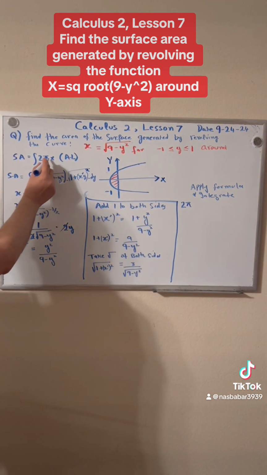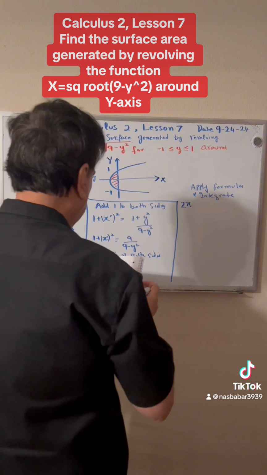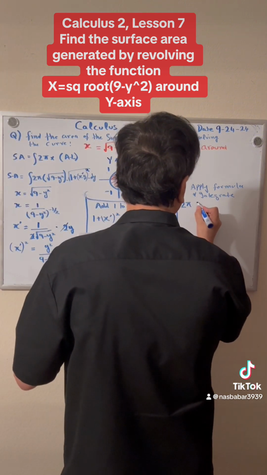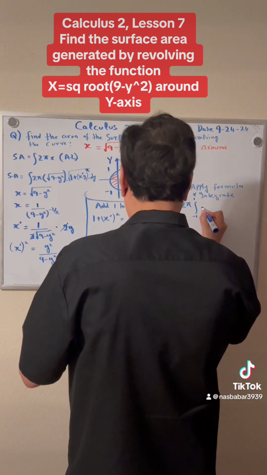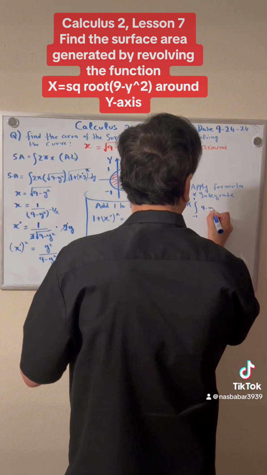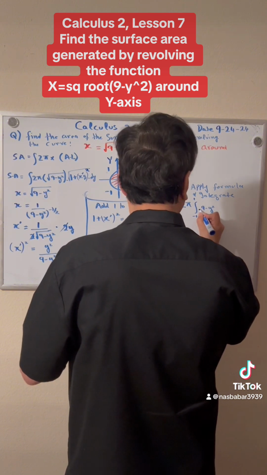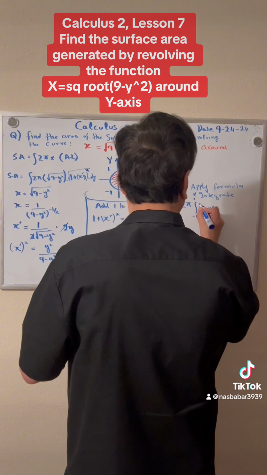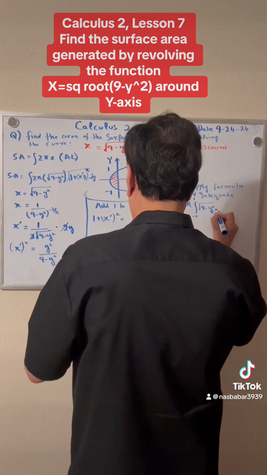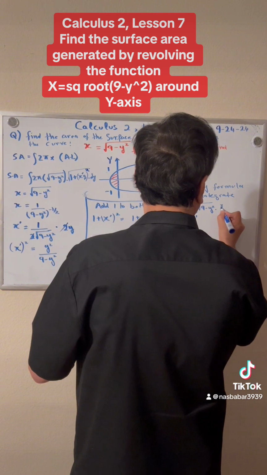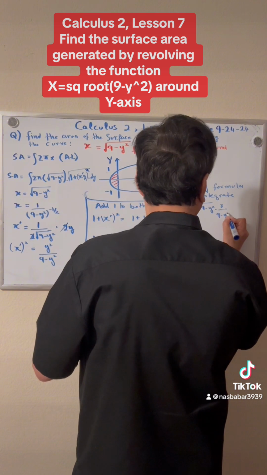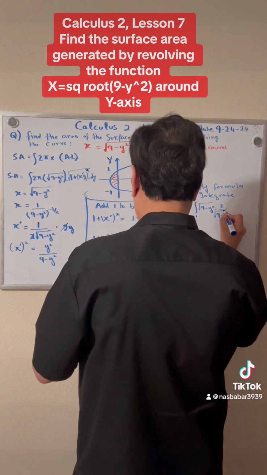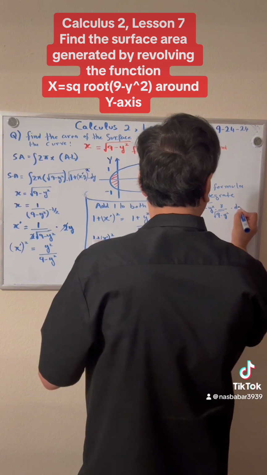Surface area is 2 pi x into arc length. So 2 pi, and the range is from -1 to +1, the square root of 9 - y^2, into 3 over the square root of 9 - y^2, into dy.